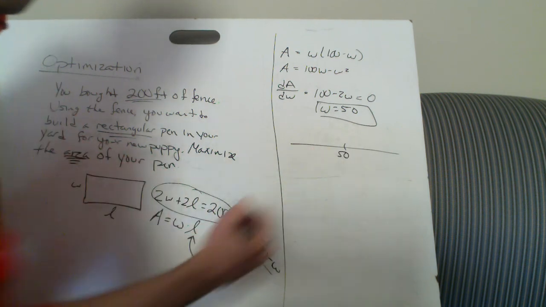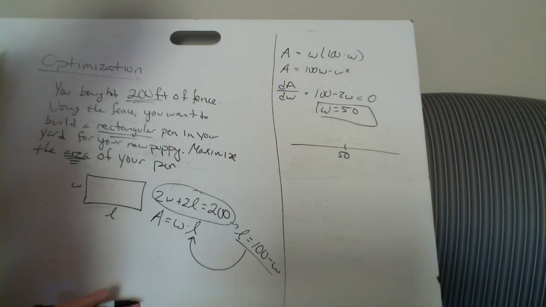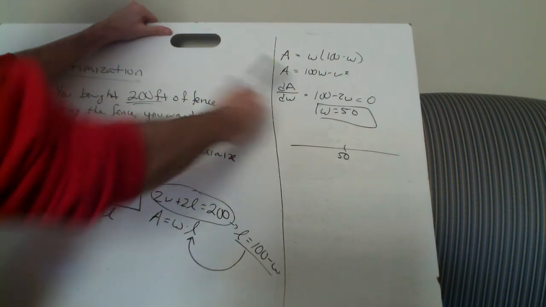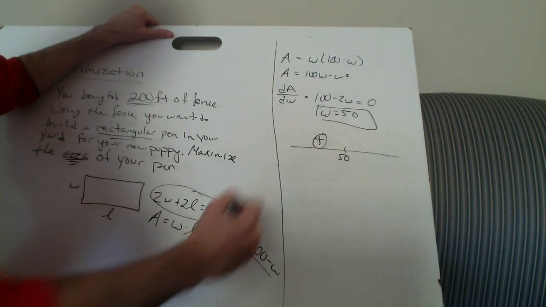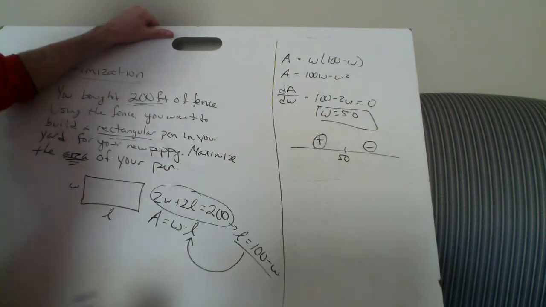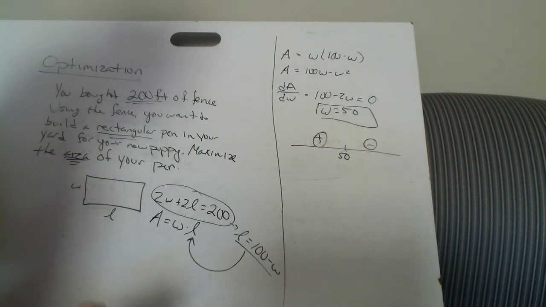Let's confirm that at 50, we're changing from positive to negative with respect to the derivative. So if I plug in a number smaller than 50, 100 minus twice that number is going to be positive. A number bigger than 50, that's going to be negative. Great! So that means when the width is 50, I'm definitely changing from positive to negative. So that means I'm definitely at a maximum value.